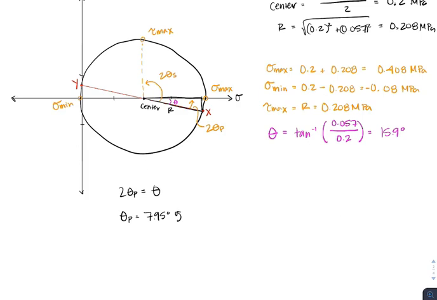Now to figure out our 2 theta s, that's equal to 90 degrees plus whatever theta we get. When you do that, you get that theta s is equal to 52.95 degrees, also going counterclockwise. Each of these angles also has a complementary angle if you twist in the other direction, but for this case, we're just going to keep it simple and use these two.